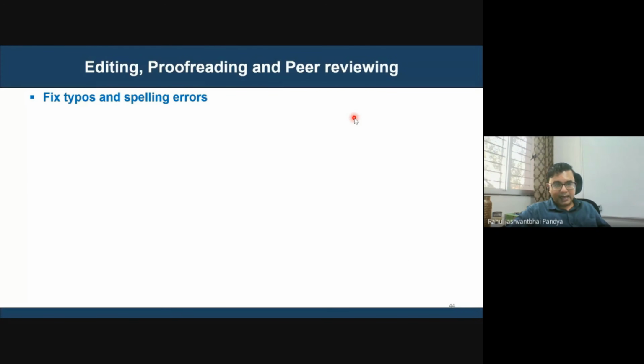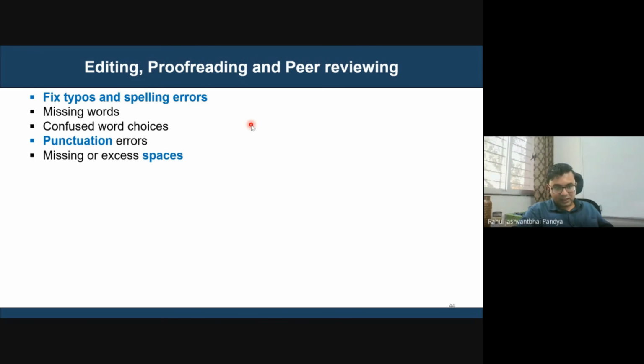Finally, editing and proofreading: we gotta fix all the typos and spelling errors. Now, these days Grammarly does it nicely, but however, we can do it once manually, a final check. Check if there are any missing words, confusing words, punctuation errors, missing or excess spaces, capitalization, formatting, referencing.